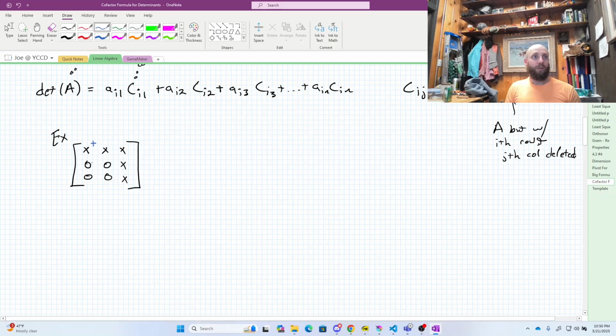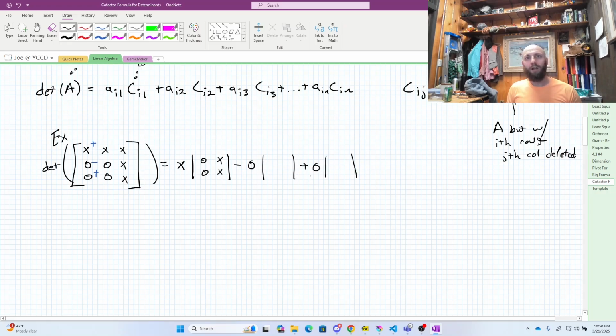So that's going to be a plus, minus, plus. And I'm going to go, all right, so the determinant of this guy is going to be that first x, right, times the matrix that I get when I delete this row and column. So that's going to be determinant of 0x, 0x. And then we're going to do minus 0 times doesn't matter, plus 0 times doesn't matter.